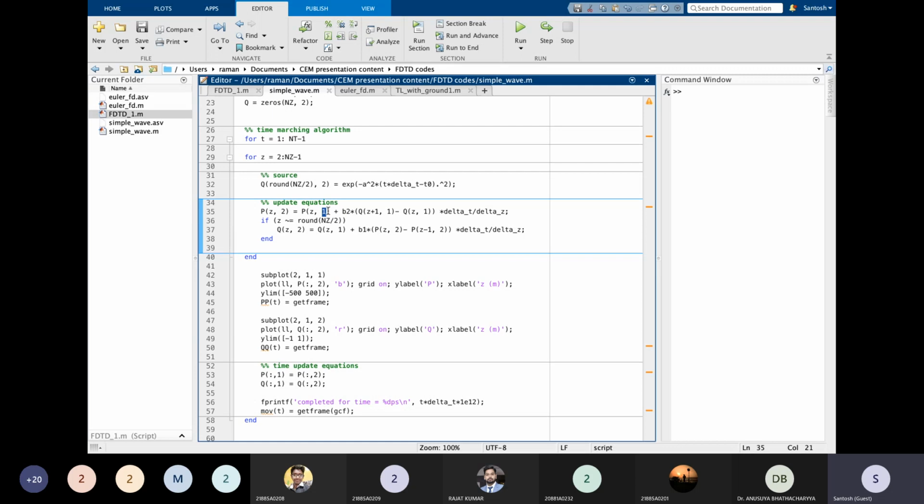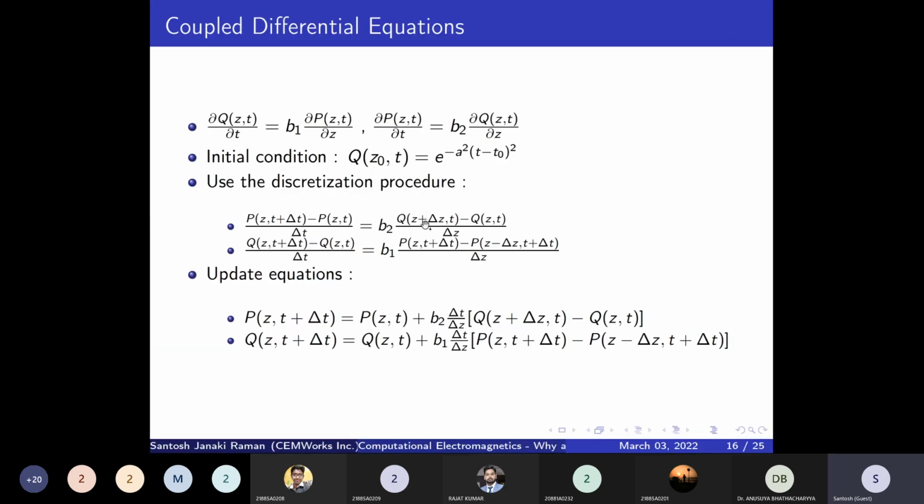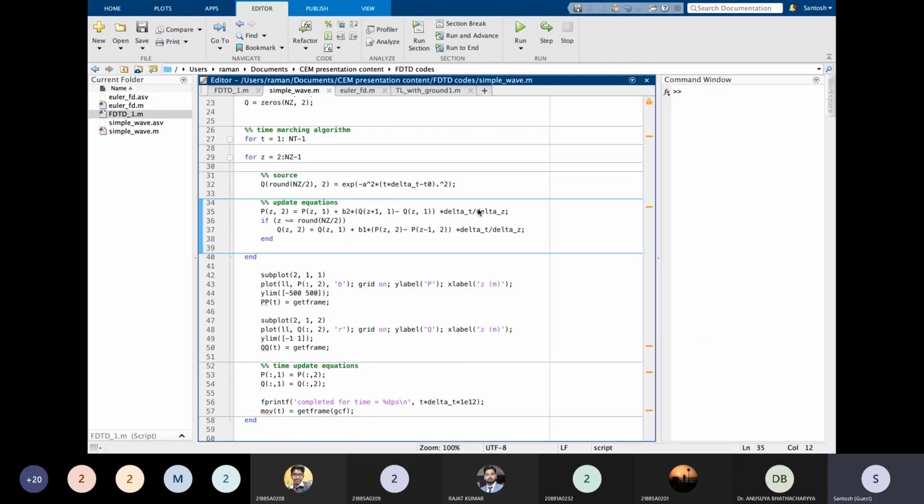You just want to find the current value from one previous value, because in this case the current value just depends on one previous value, not all the previous values. If there were an integral, it would depend on all the previous values, but here it just depends on one previous value. So pz comma 2 is given by pz comma 1 plus b2 into the previous expression, in this form. And now you get pz comma 2.